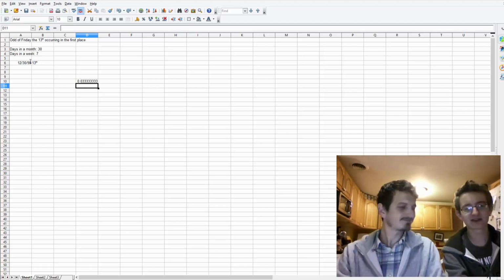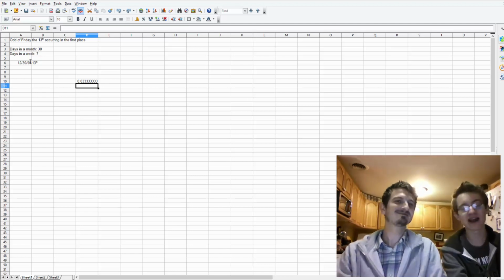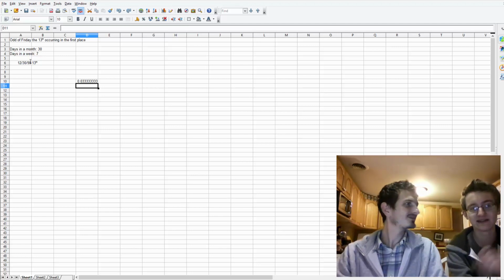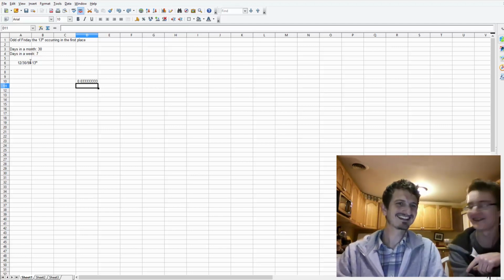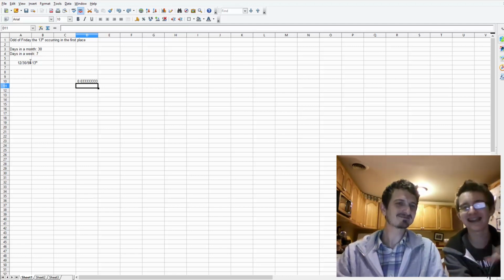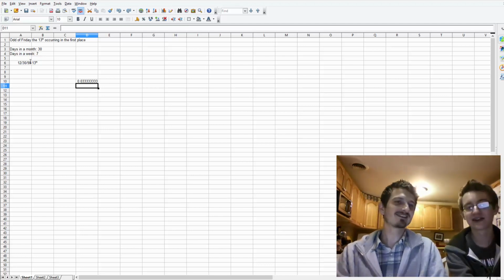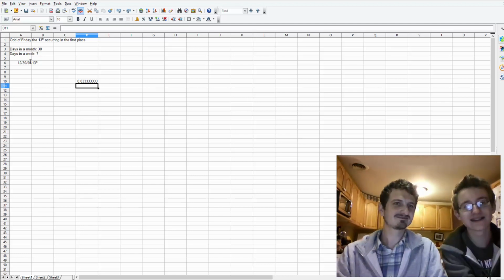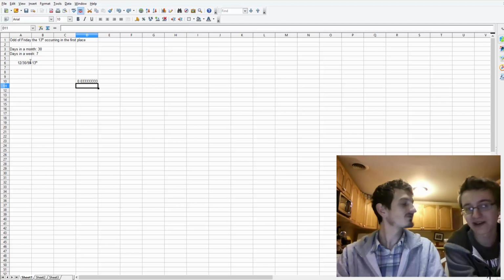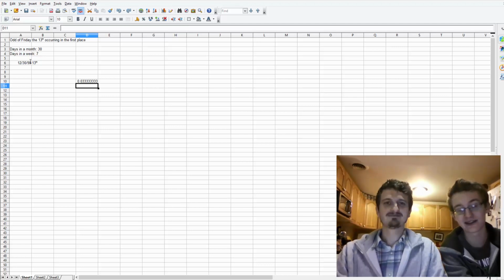Well, it wasn't actually 0.03 because there were 28, but let's just say the average month is 30. The worst month ever has a 0.0333 repeating chance of it being a 13th.